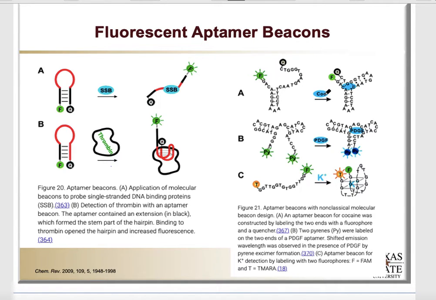That's what I was trying to get to. Here it is showing you where they bring together the fluorophore and the quencher when the target comes.